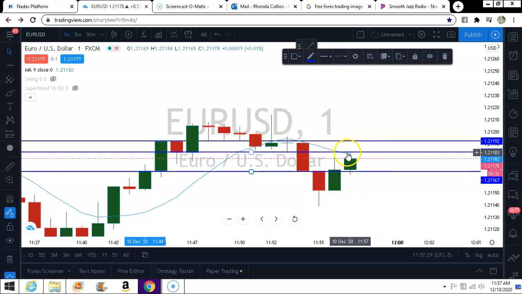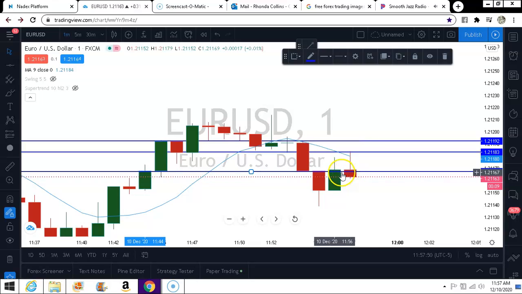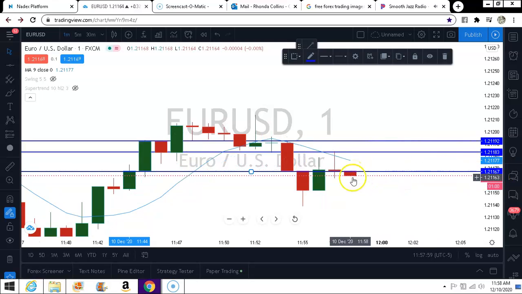So I can state that I believe that price is going to remain above, because it closed above. This would be very, very risky to state, but you can possibly state that price may remain above this line or close above this line right here. So to be on the safe side, what I would do, and it did, it just did.